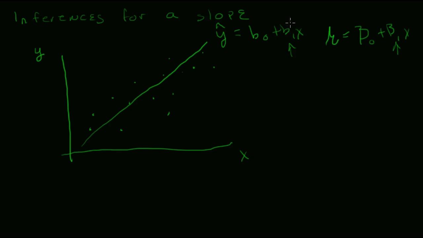How well does this b1 represent the actual rate of change in the population, the mean rate of change in the population?